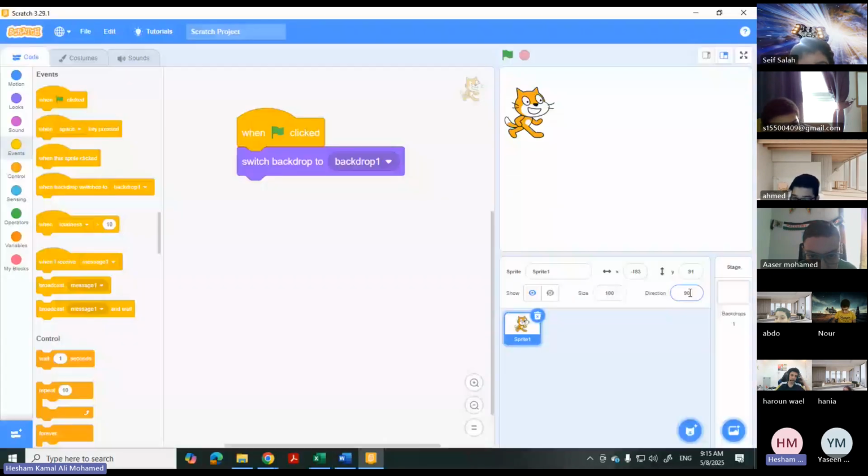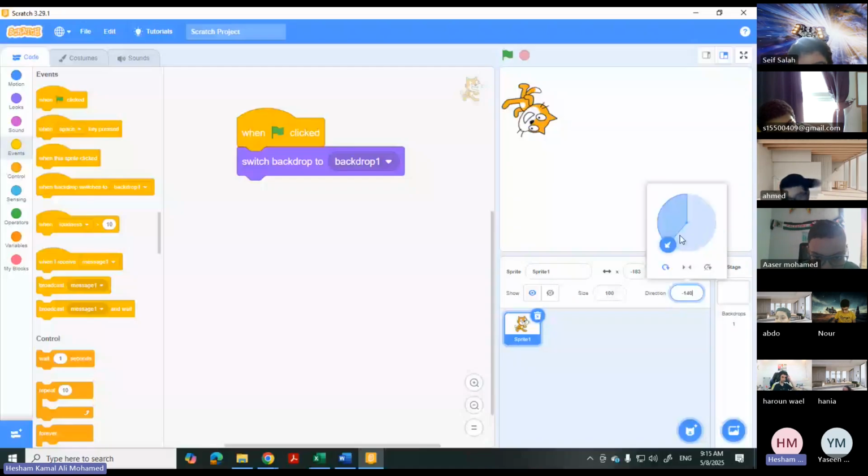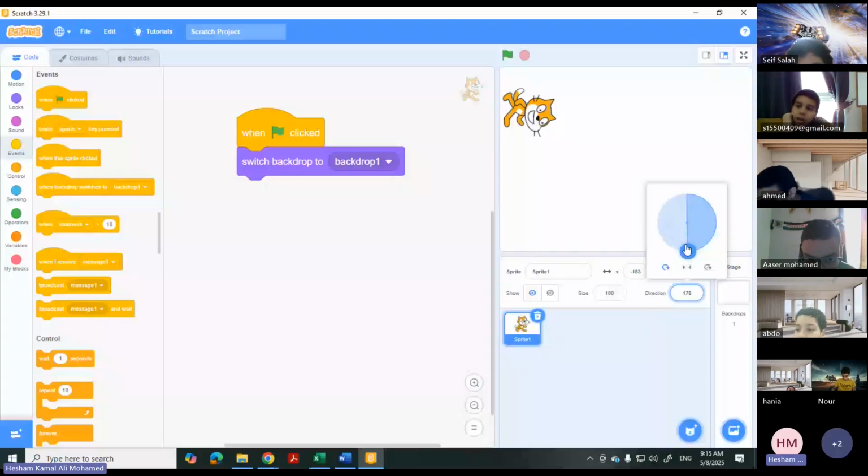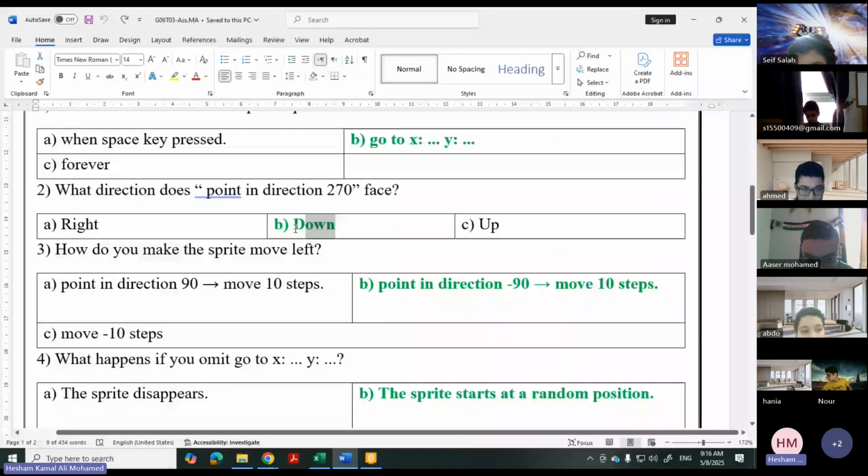I'm going all the way to 270. In the coordinates it is 270, but here in Scratch, it will say 180. But in both of them, the direction is downward. So the answer would be down. He's asking about the direction of 270.